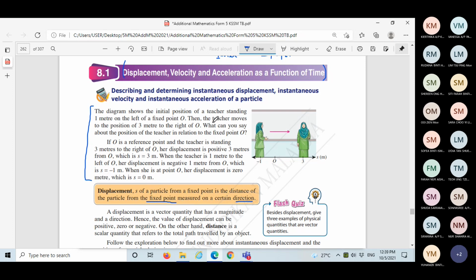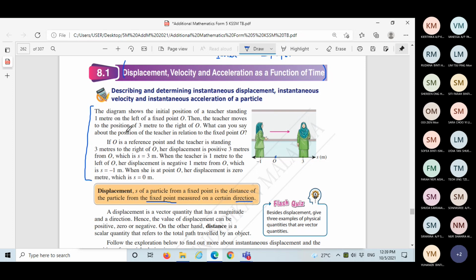Initially, at the beginning, the teacher is standing 1 meter on the left. Then the teacher moved to the position 3 meters to the right.